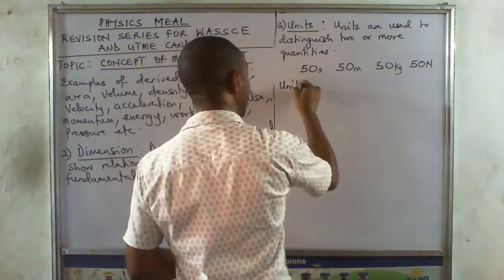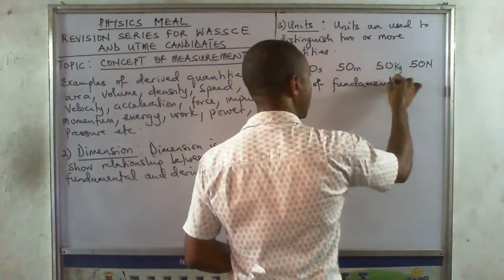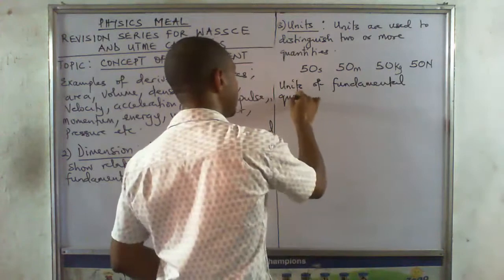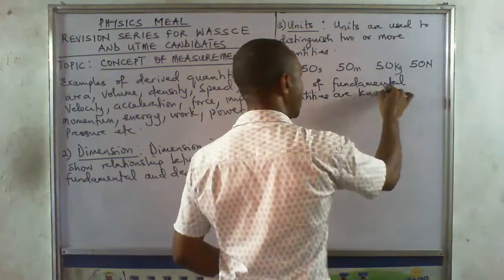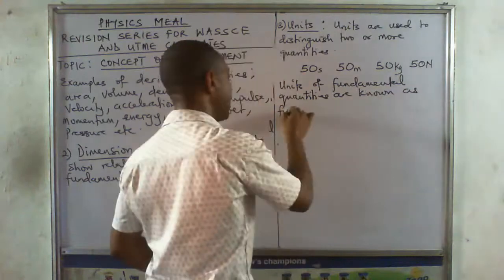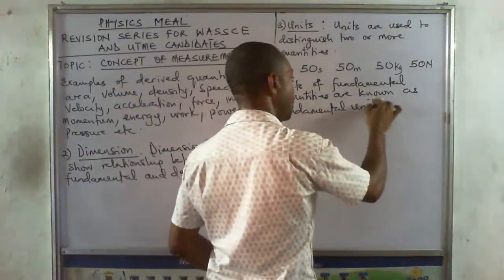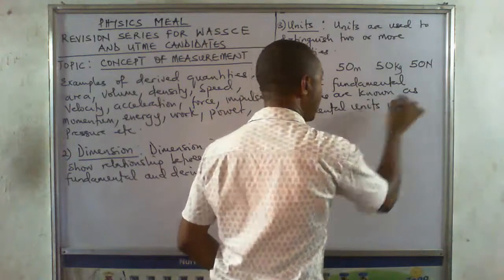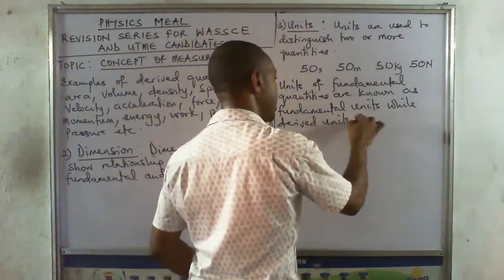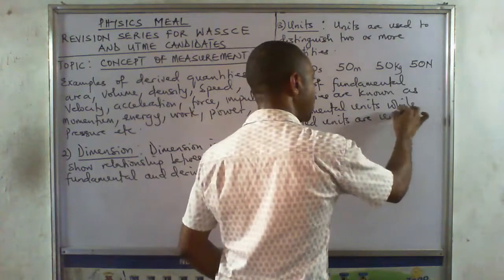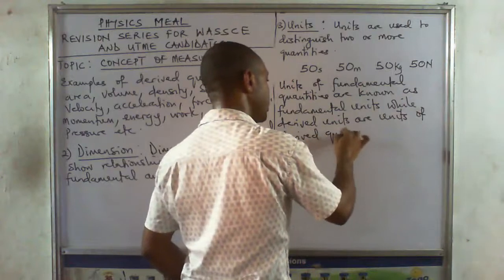So, units of fundamental quantities are known as fundamental units, while derived units are units of derived quantities.